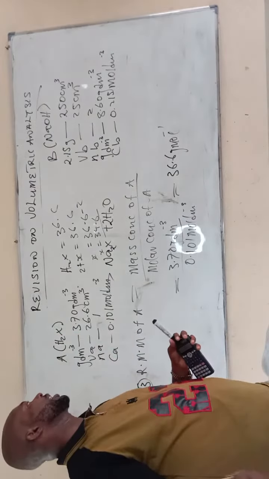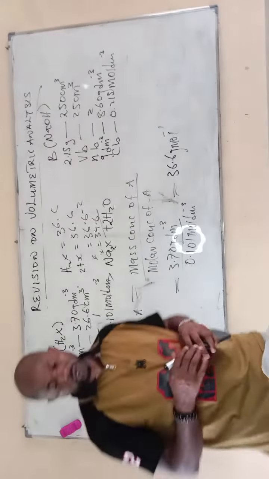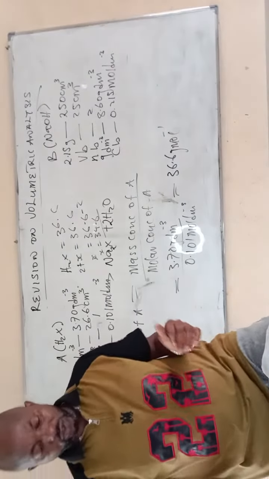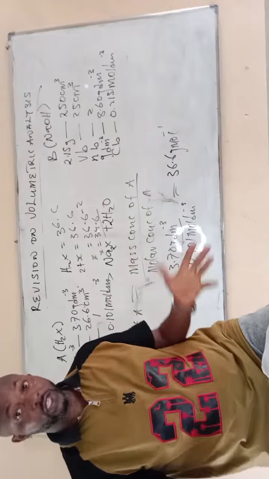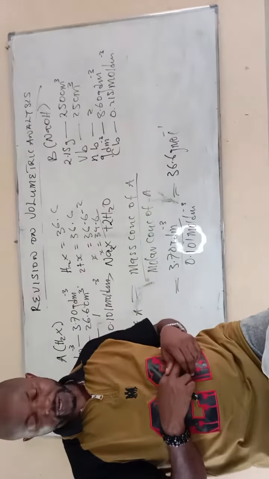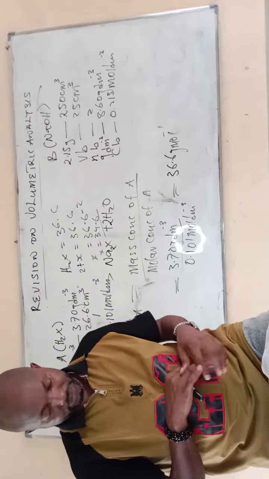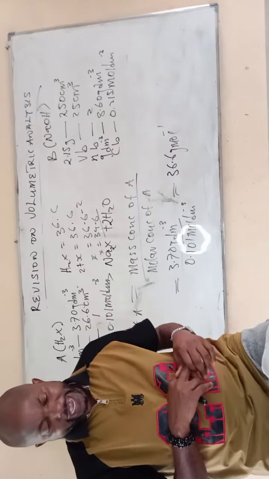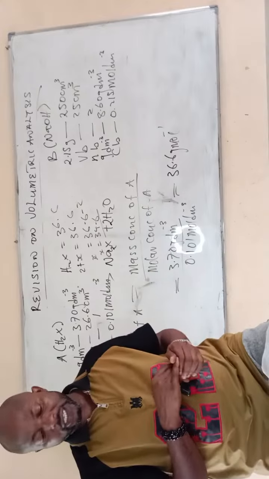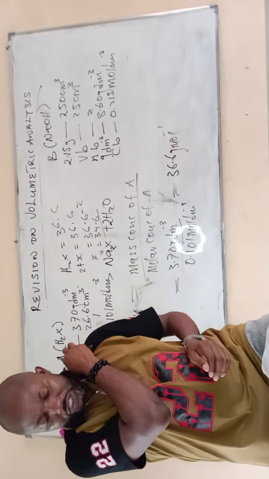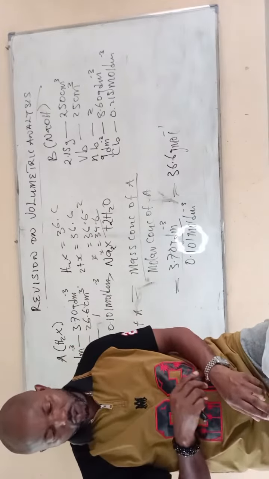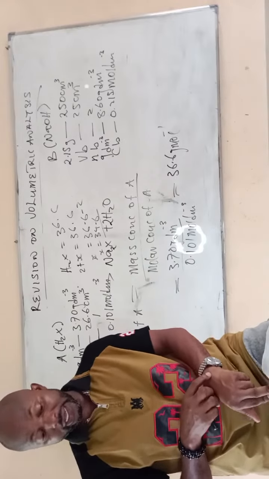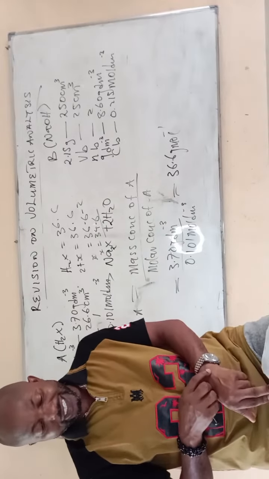So we are going to take another question. Like I said, we're going to solve important questions so that you should not forget how to deal with them when you come across them. So let's take another question. We say A is a solution of hydrochloric acid containing 7.30 g/dm³. B is a solution of X2CO3 containing 10.6 g/dm³.